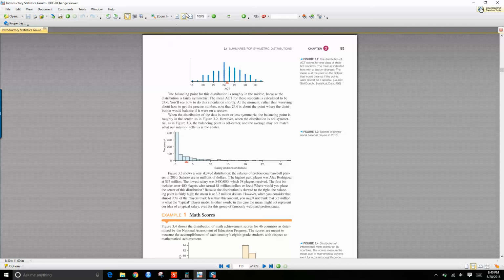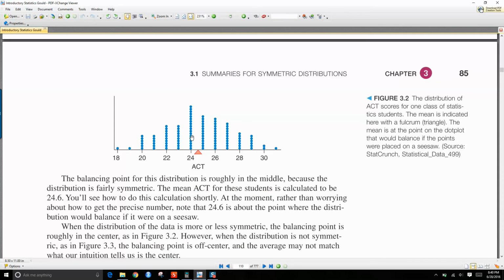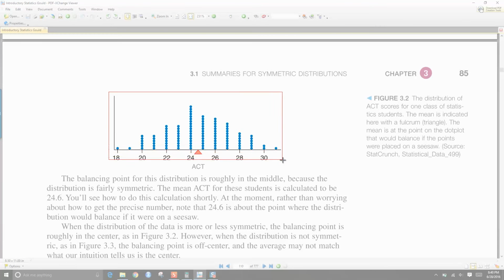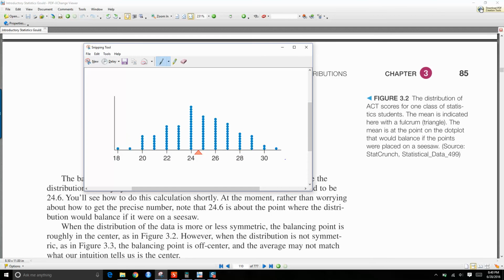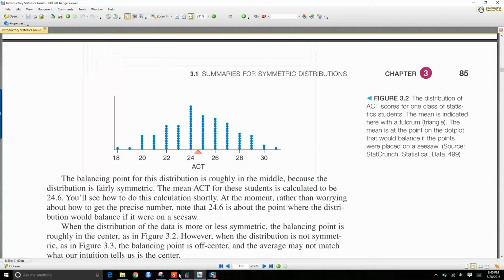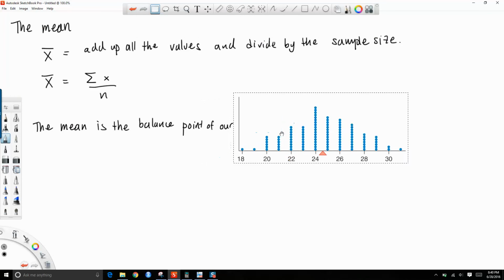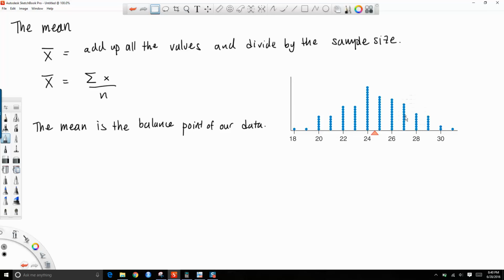So here's a box plot right here, and if each of these dots were a stone, or a weight, you can imagine each one being some kind of weight, and imagine this piece across the bottom was like a plank, and we're going to put this on a seesaw. Where would we put the tipping point, the fulcrum, so that the seesaw stays balanced? And we would put it right here.